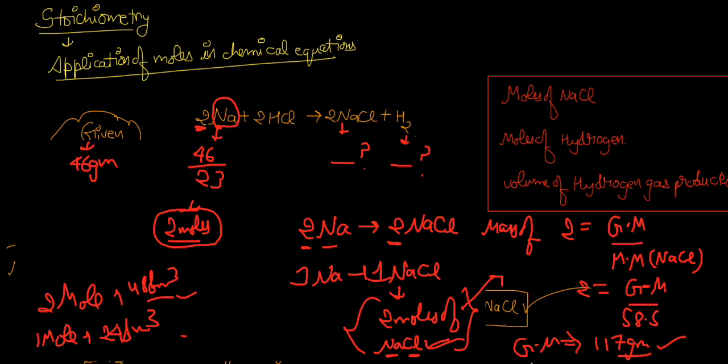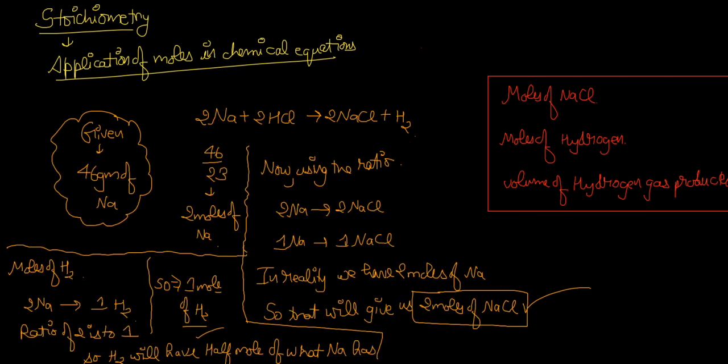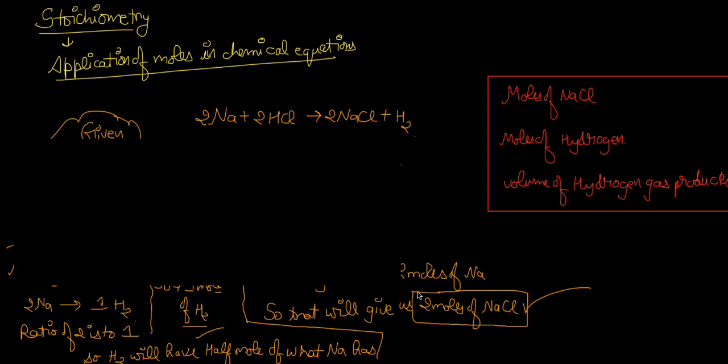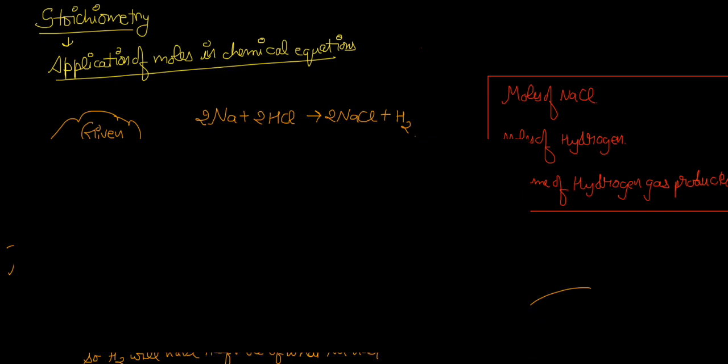Now in the same way, how will you find out hydrogen? So you'll use the ratio again. Now you will use the ratio between Na and hydrogen. So let's see. 2 Na is giving you 1 hydrogen molecule. So 1 Na will give you 1 by 2, half exactly. The ratio is going to be half because the ratio is 2 is to 1.